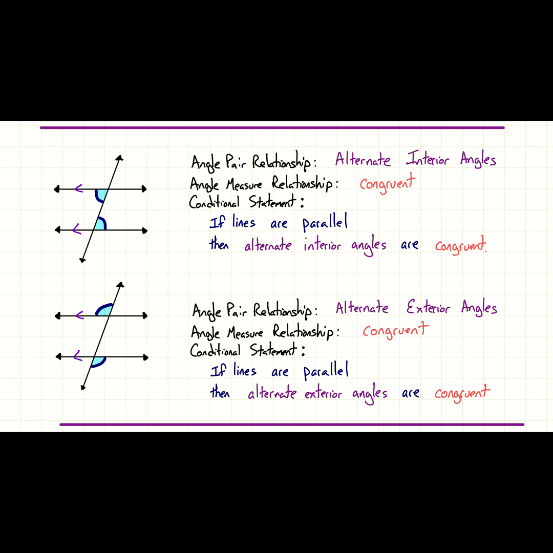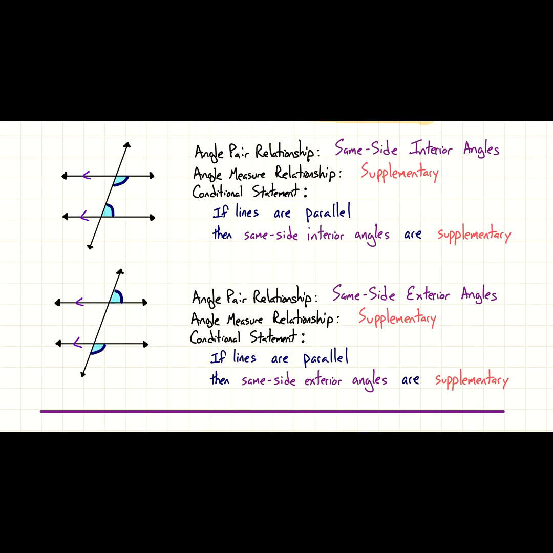They both have an interior and exterior, same idea, except instead of same side, these are called alternate: alternate interior, alternate exterior. Now, the previous ones were supplementary. They add up to 180 degrees. So if I slide these together, they form half of a circle, you could say.